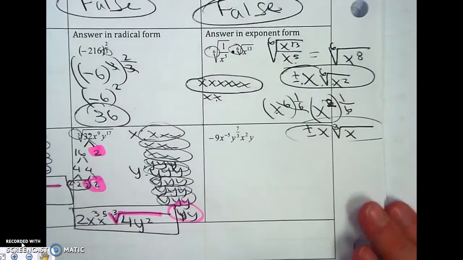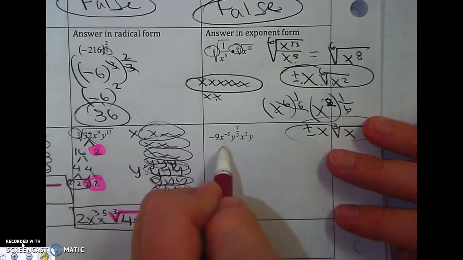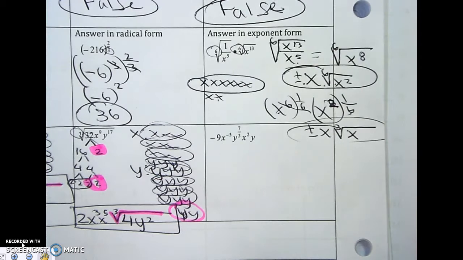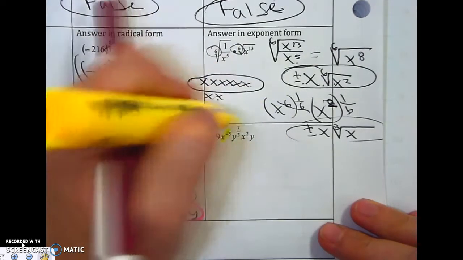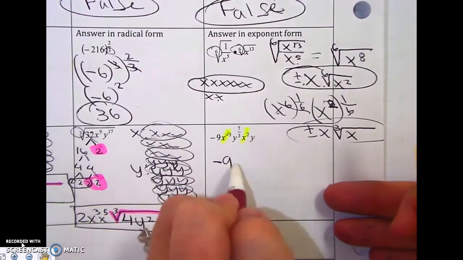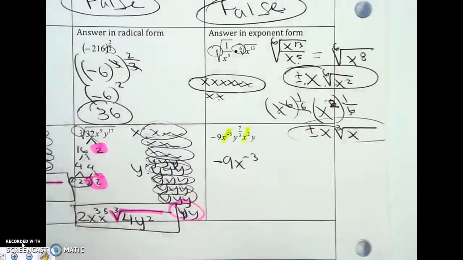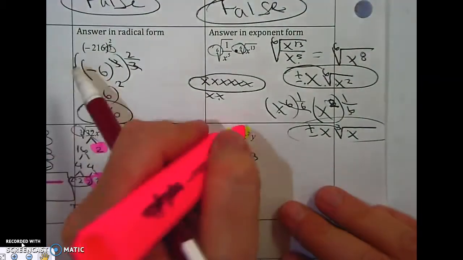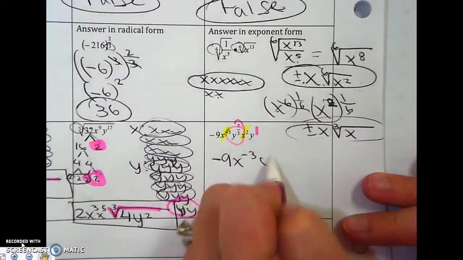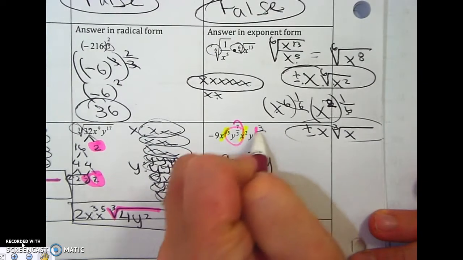Last one of the page. So the thing that I have a problem with on this one is, well, actually I don't have a problem yet. First thing I'm going to do is look at the x's, and when I'm multiplying, it means I'm adding. Now I'm going to take care of the y's. There's an imaginary 1. And 7/3 plus 1. 1 is like 3/3.